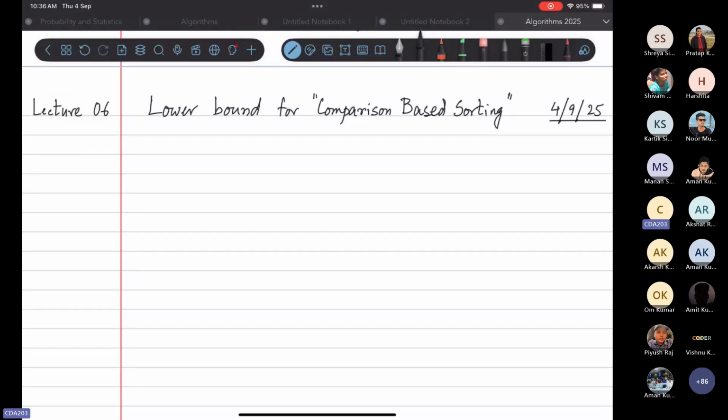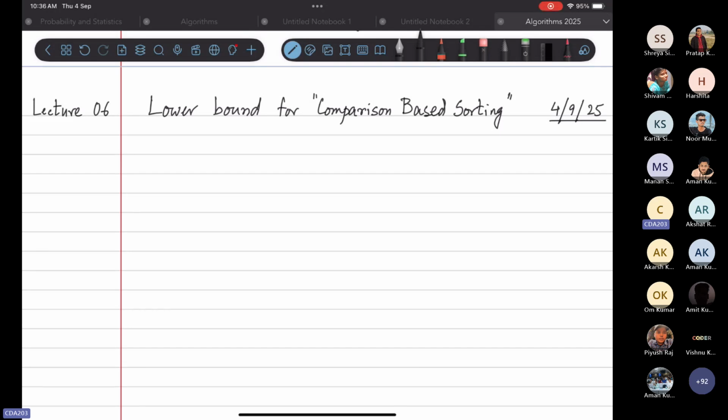I mentioned earlier, let me just again tell you, a lower bound for a problem means that I should not be able to solve it better than that particular time. If I say the lower bound for the sorting problem is omega of some function, then it says that the sorting problem cannot be solved by any algorithm whose running time is better than that function, whatever that function may be.